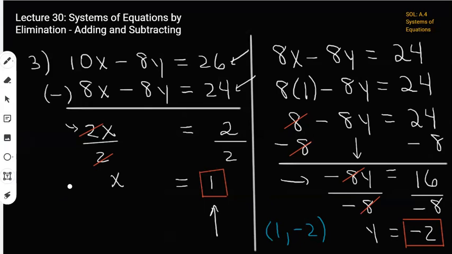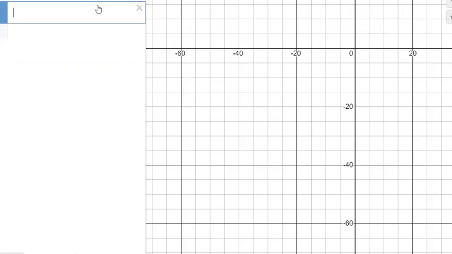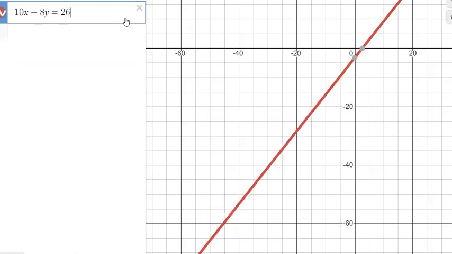So now let's graph these two equations and see where they cross. I'm going to go to Desmos, get rid of my first two, and type in the top equation and the bottom equation. 10x minus 8y equals 26.